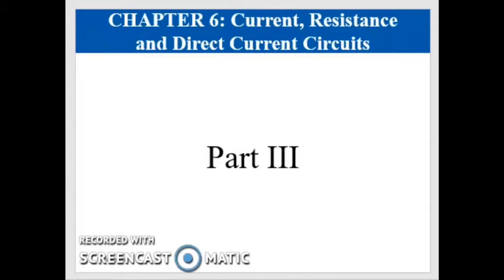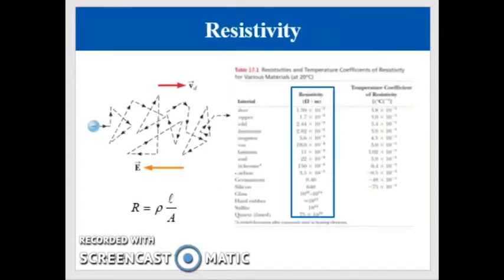Okay, today we have part 3 of chapter 6. As we have already seen, electrons don't move in straight line paths through a conductor. Instead, they undergo repeated collisions with the metal atoms. Let us consider a conductor with a voltage applied across its ends.